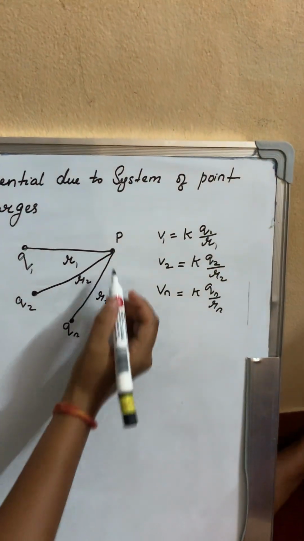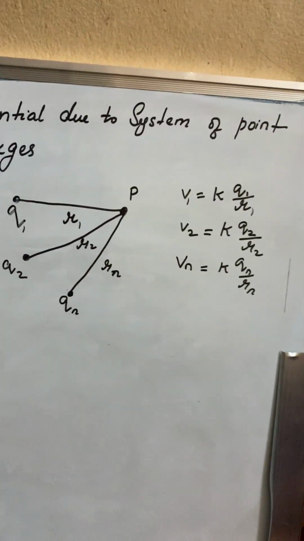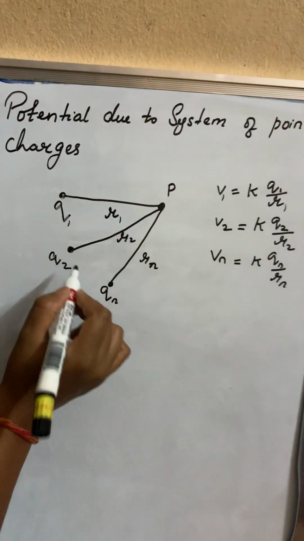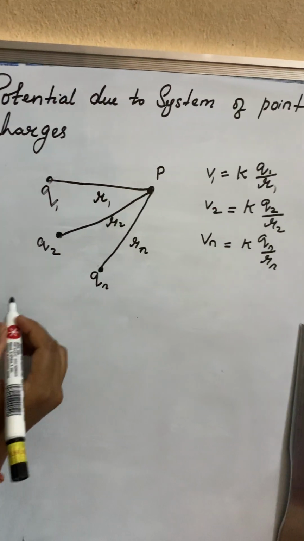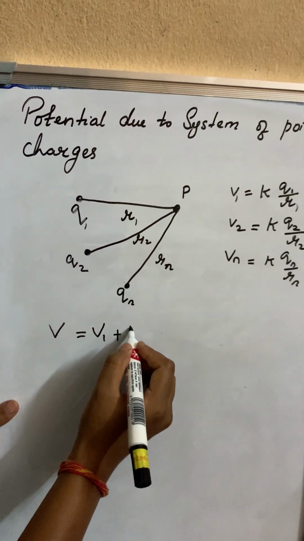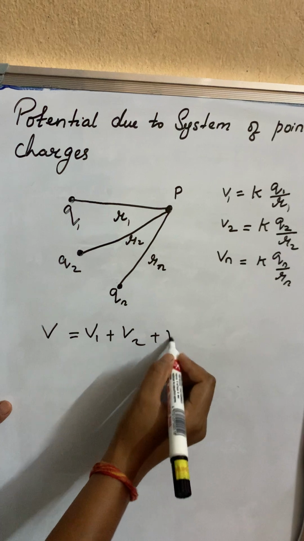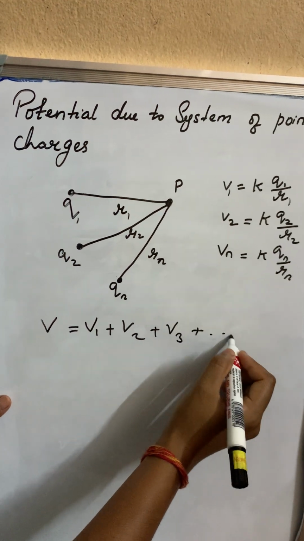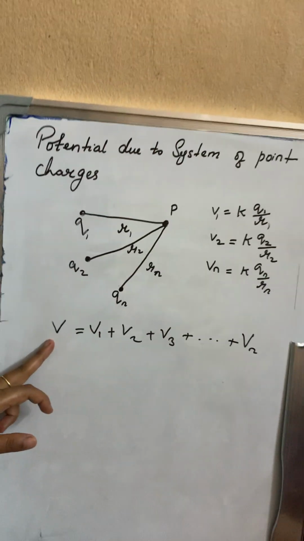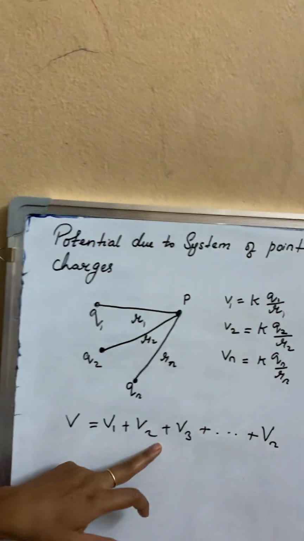Now, what is the total potential at this point P? The total potential at this point P will be due to Q1, due to Q2, Q3, Q4, Qn, right? So the total potential will be due to 1, due to 2, due to 3, due to 4, and due to n. Now, one good thing, potential is a scalar quantity, so this will be what?